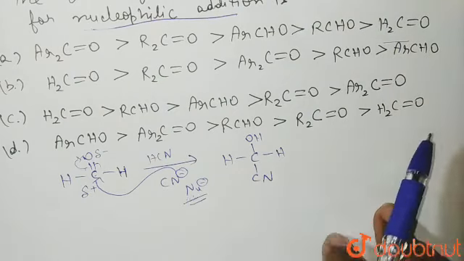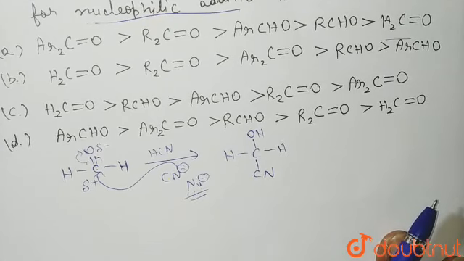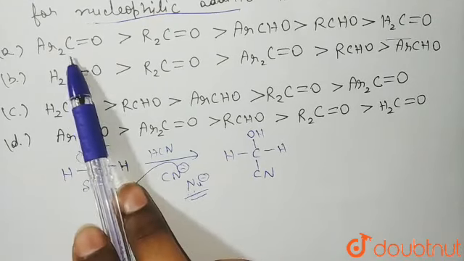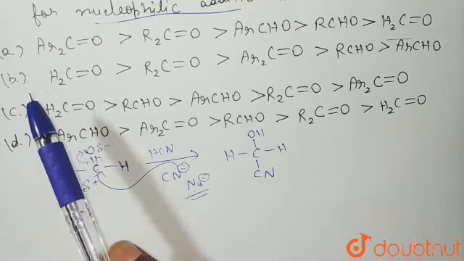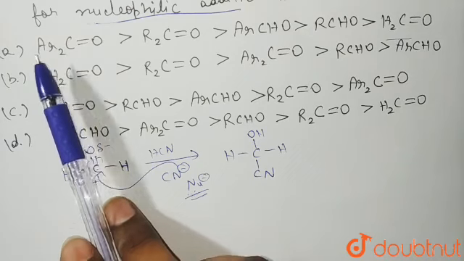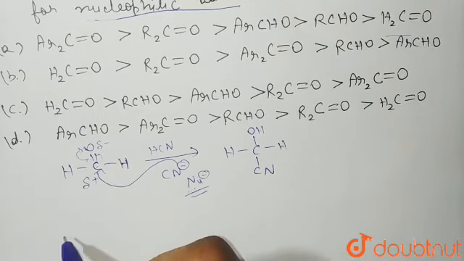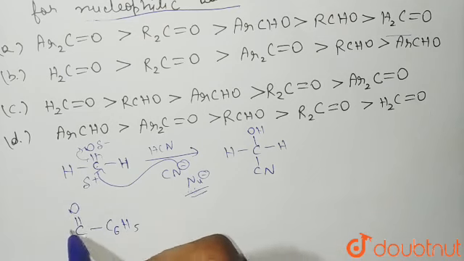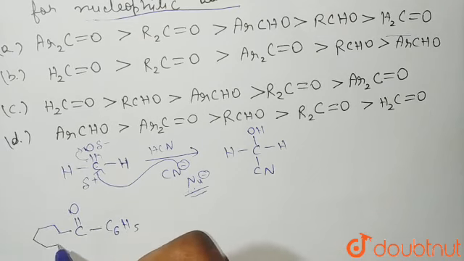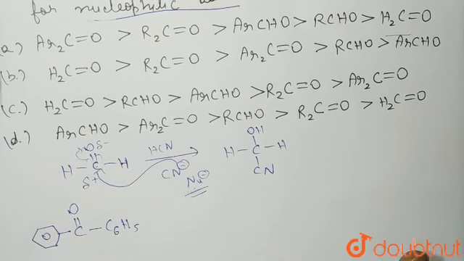Now let's see the order. For the first option, Ar2CO, let's take an example where both aryl groups are C6H5, so we have C double bond O with two benzene rings.